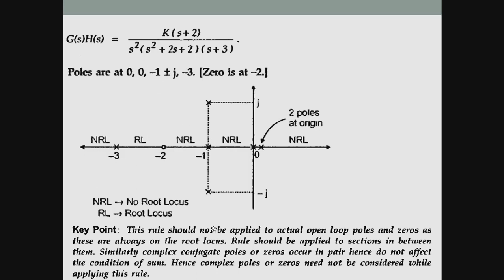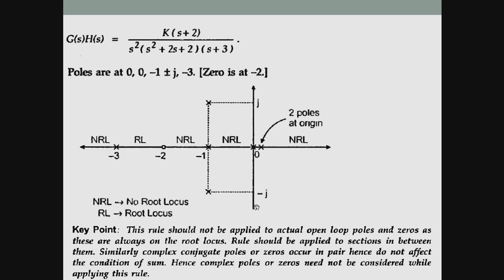Between this also, this is -1 plus or minus j, so -1 is here, and for reference they have taken it as -1 here. So how many are there from this point: 1, 2, 3 and 4. Once again it is even, hence I can write that there is no root locus.